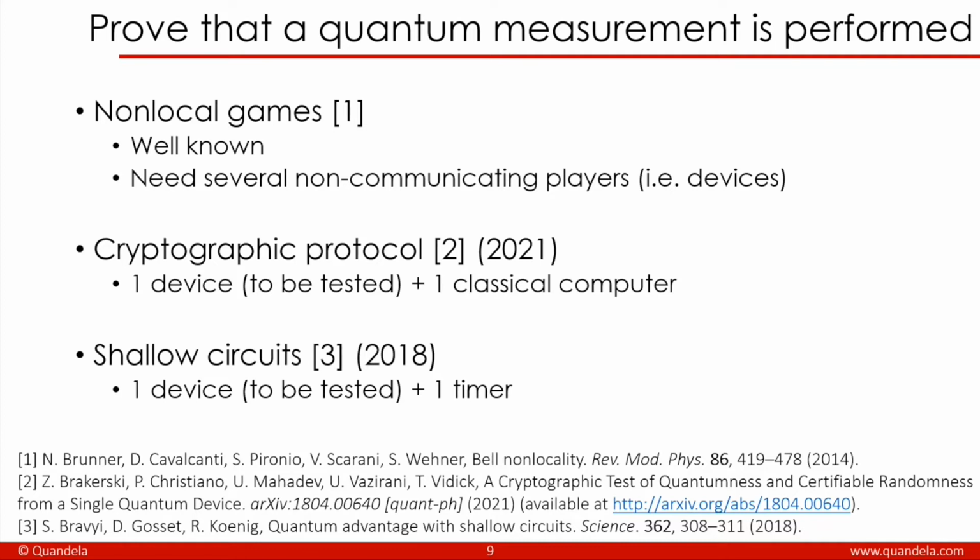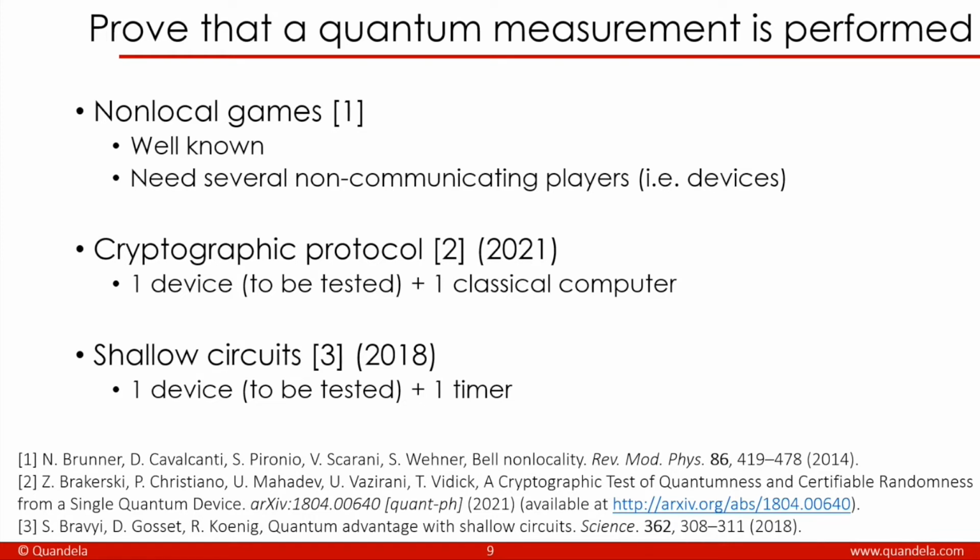Now it has been shown that if the players are using a quantum system altogether and they perform quantum measurement on this system, they can achieve a better score than if they just give deterministic answers based on the question they're asked. So this is related to something called Bell inequalities, which are very well known now.